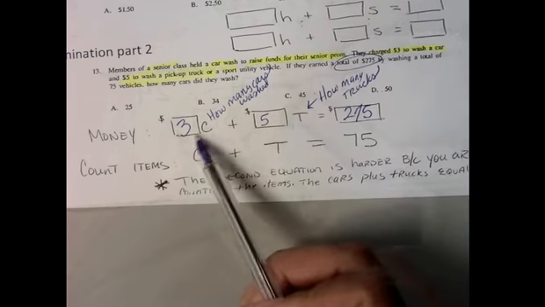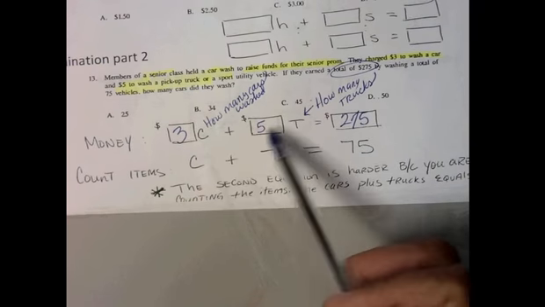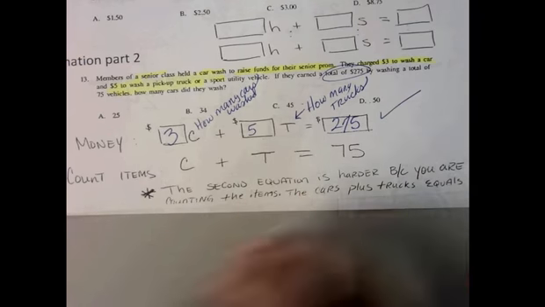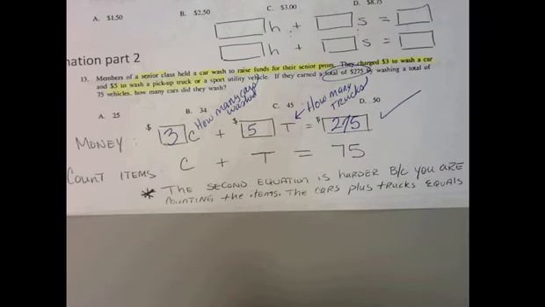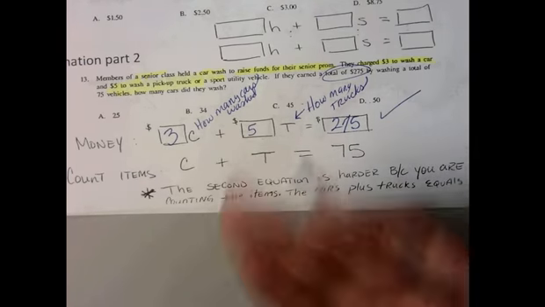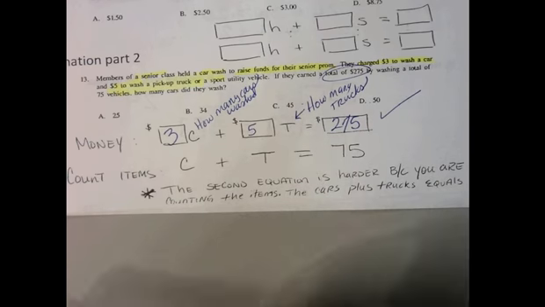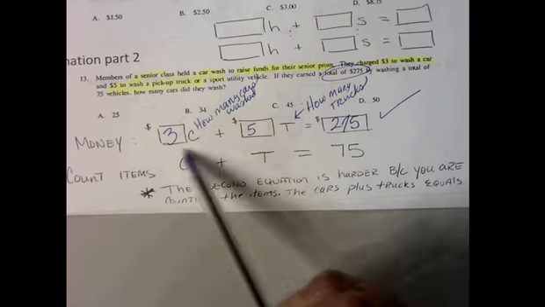But I know I charge $3 for the cars and $5 for the trucks. So that's how you set up the first equation, which is what we've been doing. And if you look back at the previous video, I went into a lot of detail as to how I put this together. So if you need to see more, please go to the previous video for more detail on that.